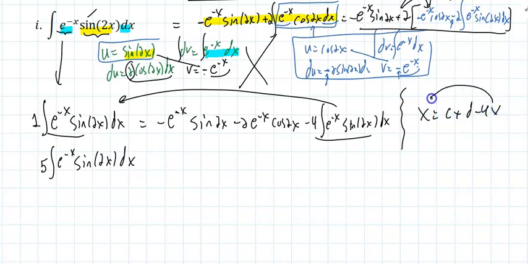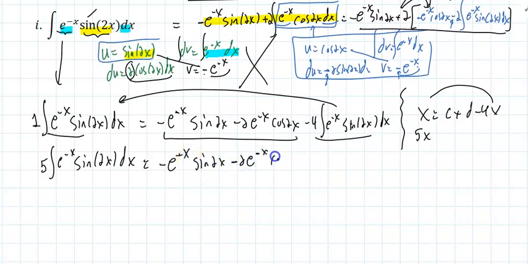If you move this to the right, doesn't that become 5x? And I'm just going to copy this down. That is negative e to the negative x sine of 2x minus 2 e to the negative x cosine of 2x. And wouldn't this integral, what I'm looking for initially right there, e to the negative x sine of 2x dx, equal 1/5 of that?